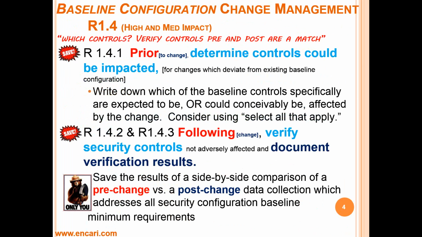If we set up what all those elements are in a form or in our ticket system, the person filling out the ticket can easily select this one, not that one, and this one. That's probably a good way to do it, instead of asking somebody to write down all the elements that might change, all the elements of the baseline.